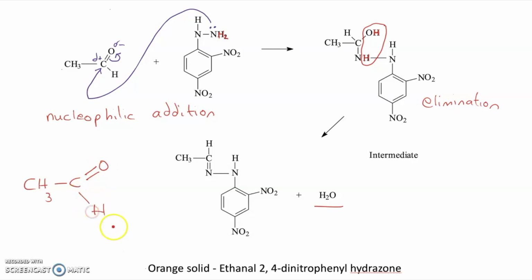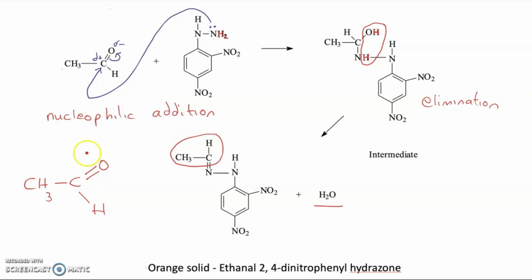Now in an aldehyde and a ketone, the only thing that changes each time is the group attached to the C double bond O. So in ethanal, it's a CH3 and a hydrogen that's attached. I've circled on the 2,4-dinitrophenylhydrazone where these groups end up. And if I had propanone reacting with 2,4-dinitrophenylhydrazine, I would have a CH3 and a CH3 in this circled group.